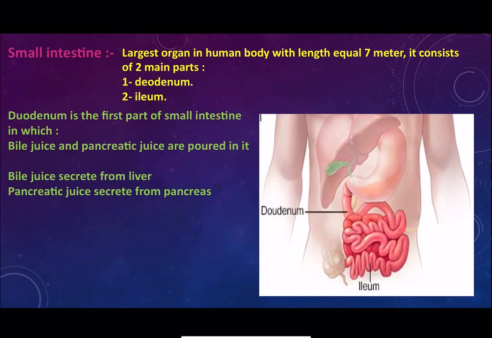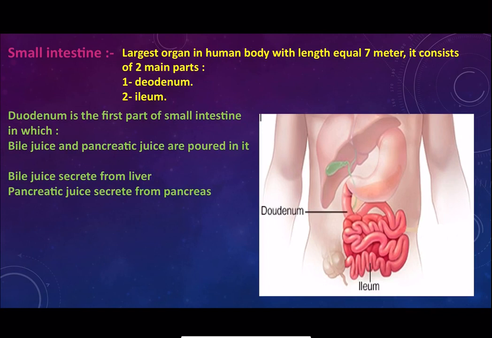Okay, and the small intestine consists of two main parts, which are the duodenum, called the first part, and the last part, called the ileum.